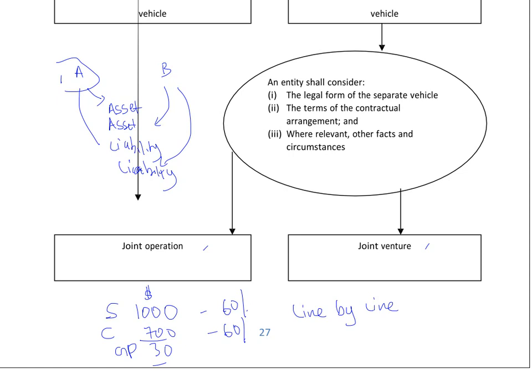As per the agreement, I'm going to take 60%, you're going to take 40%. So out of the 1,000 that we sell, 60% belongs to me, assuming I'm A. In my SPL, I'm going to recognize 600 as my income and 420 as my cost. I will recognize line by line my portion. Okay?